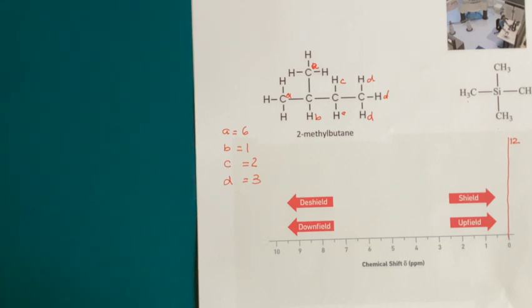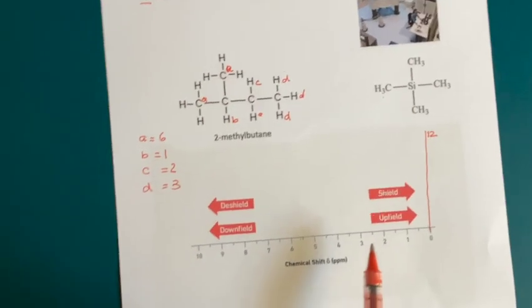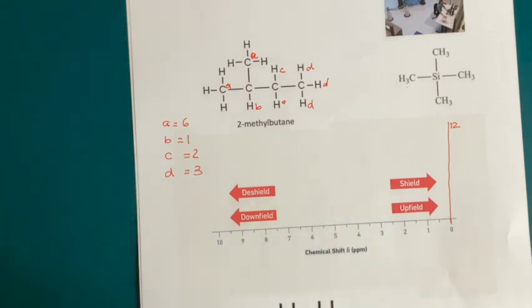So the low resolution NMR of 2-methylbutane will have 4 distinct peaks somewhere along here to the left of the TMS signal, and those peaks will be in the ratio of 6:1:2:3.